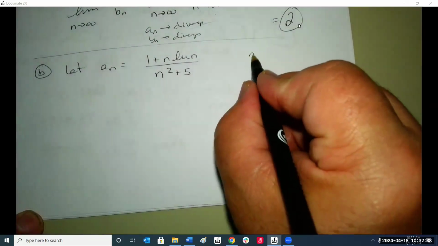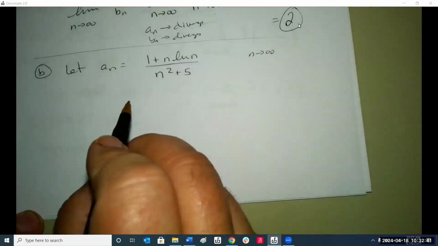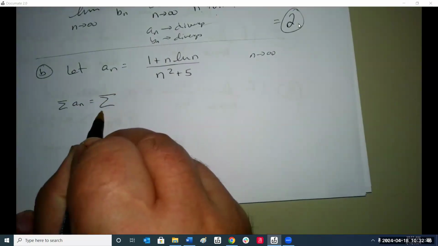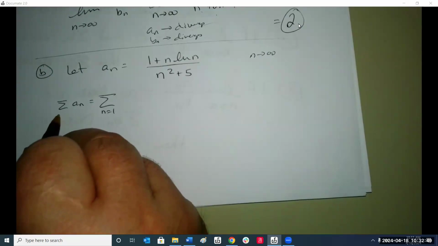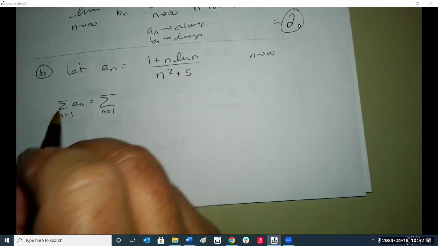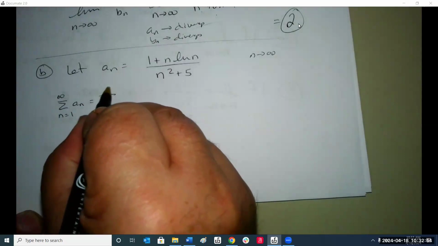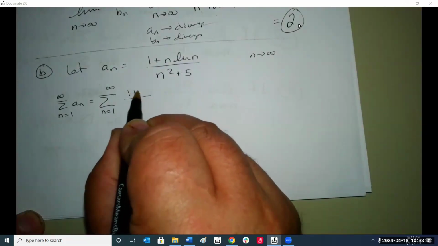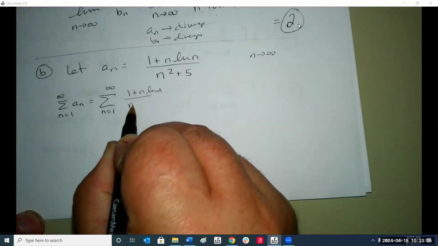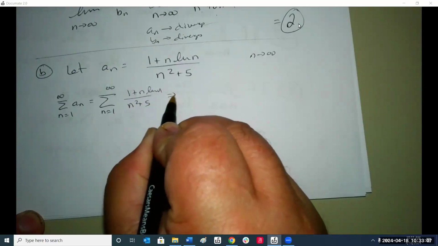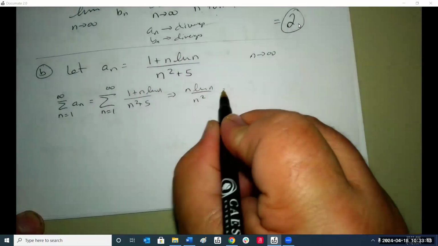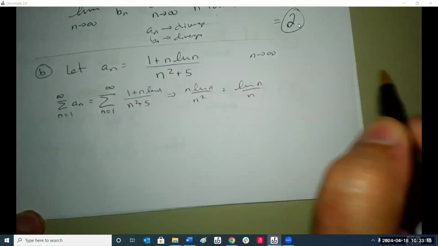So as n goes to infinity, n ln n over n squared plus 5 eventually goes to ln n over n squared, ln n over n.